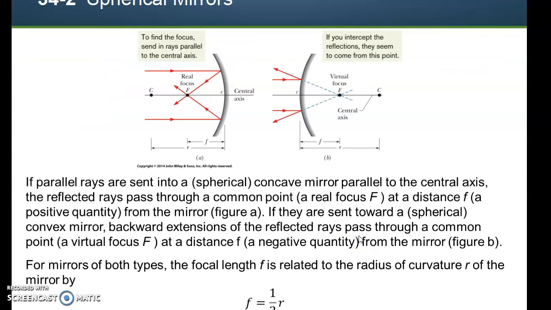Okay? So for both mirrors of this type, the focal length is related to the radius of curvature: f equals 1/2 r. It's an important relationship for you to remember. And it's positive for a concave mirror and negative for a convex mirror, reflecting that it's over here versus on this side.